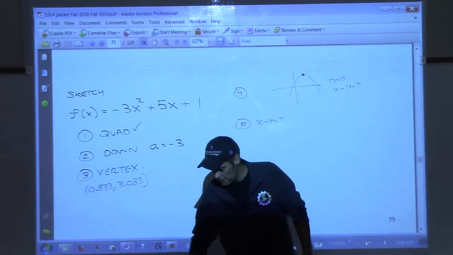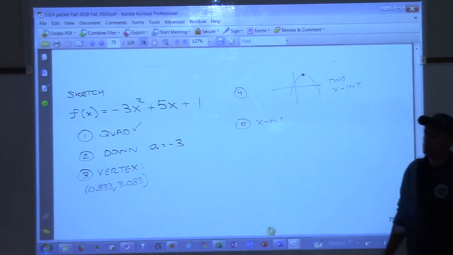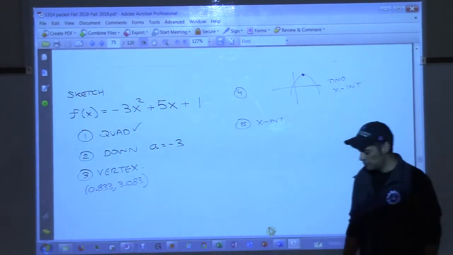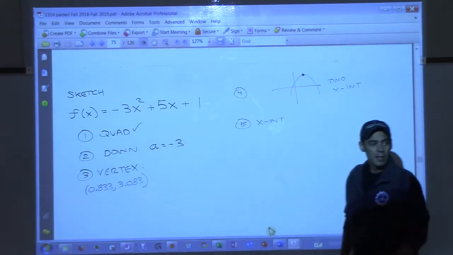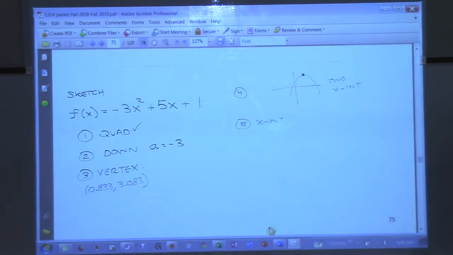How do we find the x-intercepts for a quadratic function?